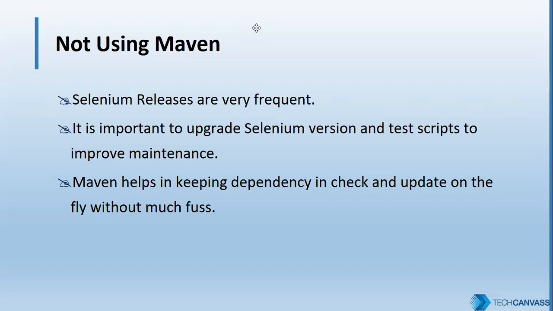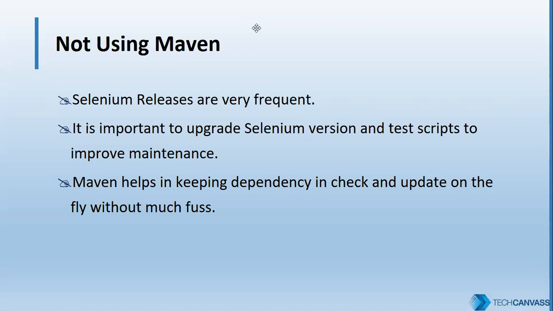Also, we know that Selenium releases are very frequent. It is also important to upgrade the Selenium version and test scripts to improve maintenance of the test automation framework. Maven helps a great deal in keeping dependencies in check and updated on the fly without much fuss or effort. So use of Maven is pretty much mandatory and recommended nowadays for any kind of test automation project.